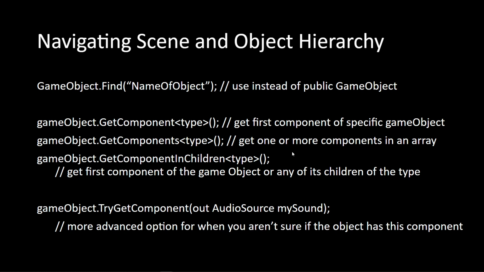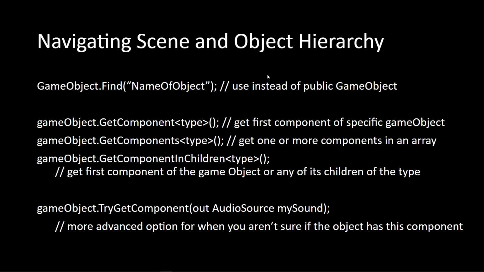Use the Find function to look for a game object by name. That's a nice thing to do in your scripts instead of using public game objects and dragging and dropping them in the Unity editor.